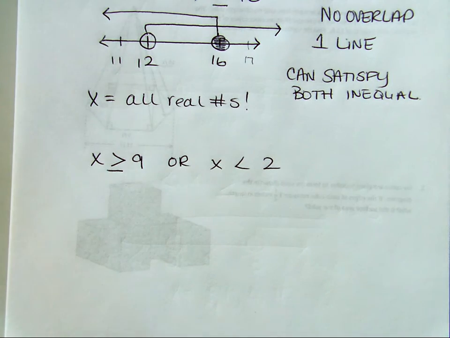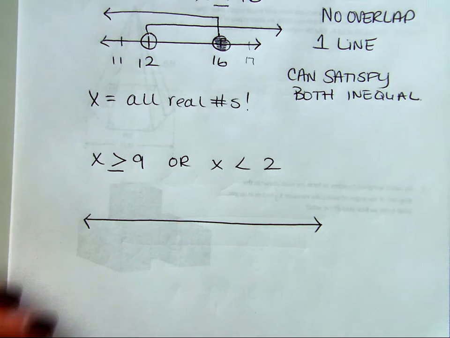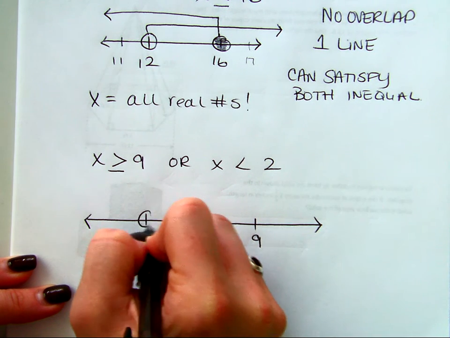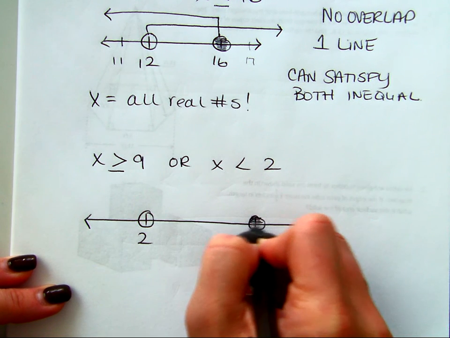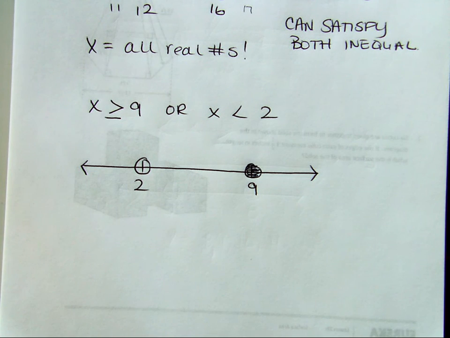So, I want you to either give me a number that is less than 2 or greater than or equal to 9. So your best bet might be to just do your graph. Always put them where they are in relation to each other on a number line.